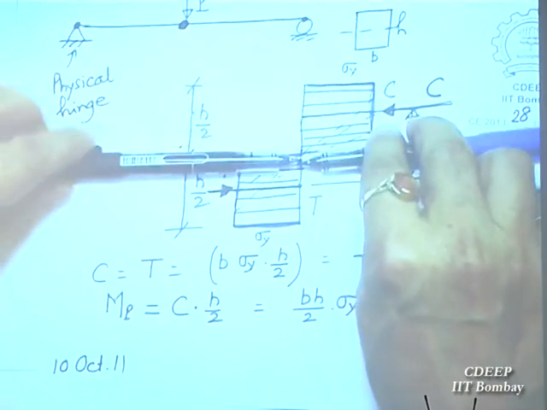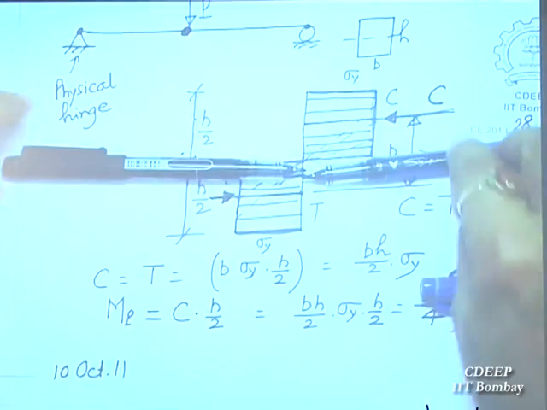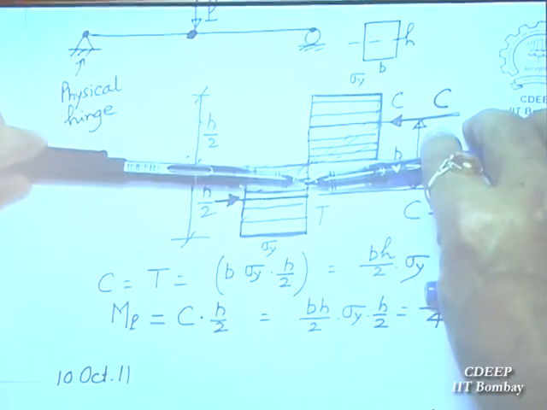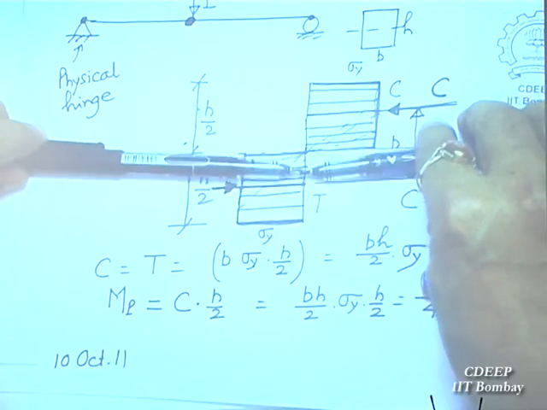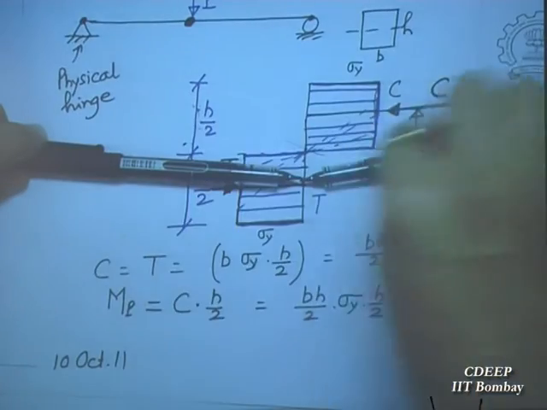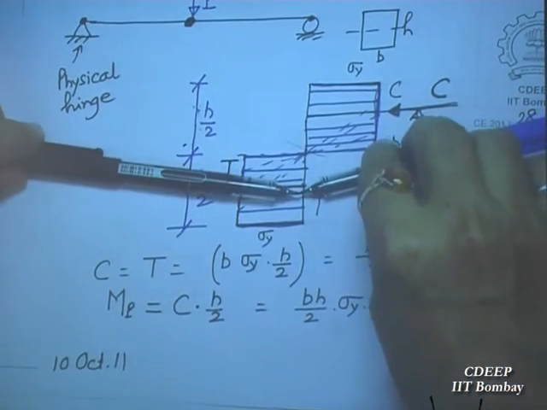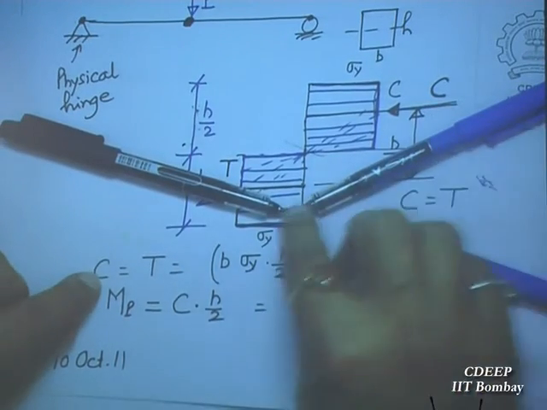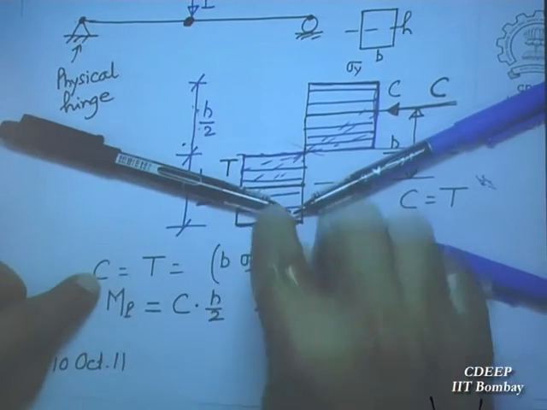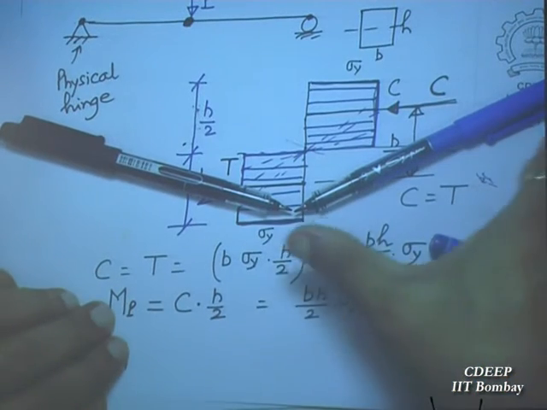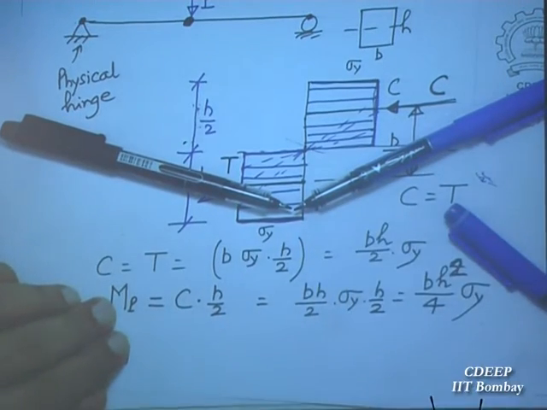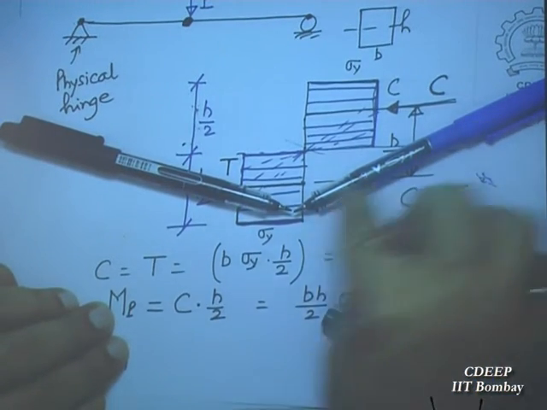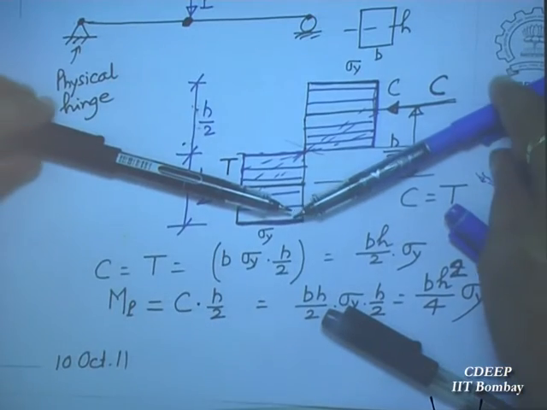Now when it becomes plastic, in between of course there will be some curve here, but suddenly when the entire section becomes plastic, this will simply be a rigid rod, because there is no question of any bending here. This will be rigid rod. This will be straight, and it will form like this.